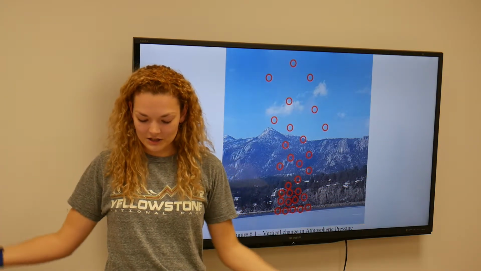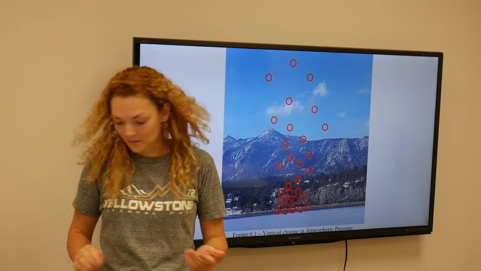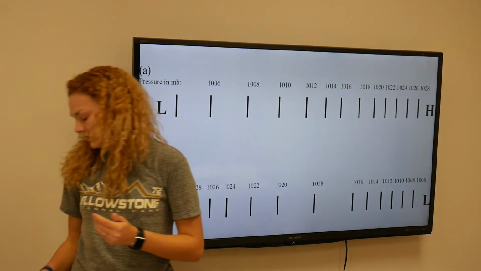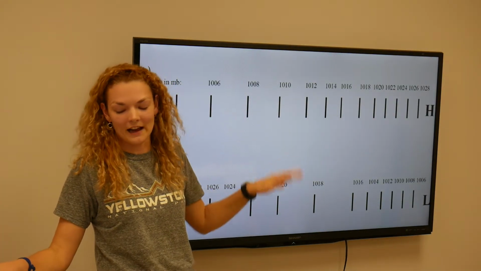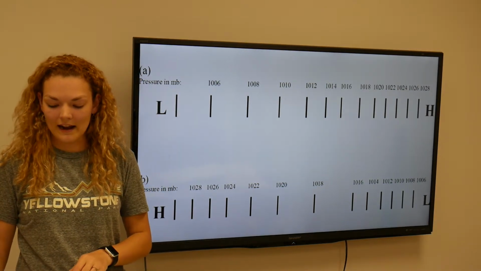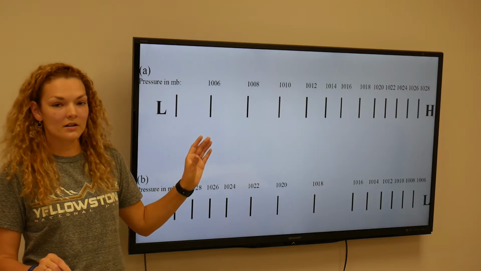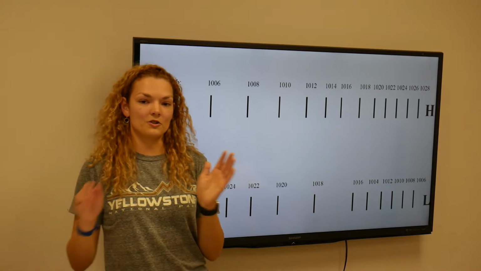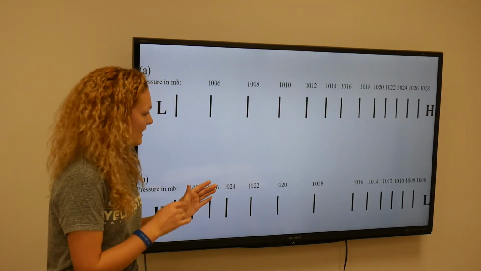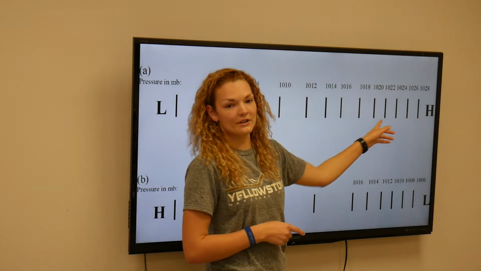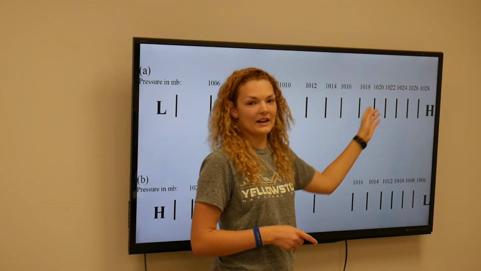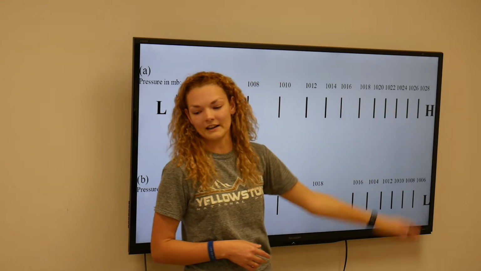So here's an example in your lab. You have your strong gradient of pressure, remember, is over a short distance and a lot of change. So right here is a short distance, but a lot has changed. So this is a strong pressure gradient.